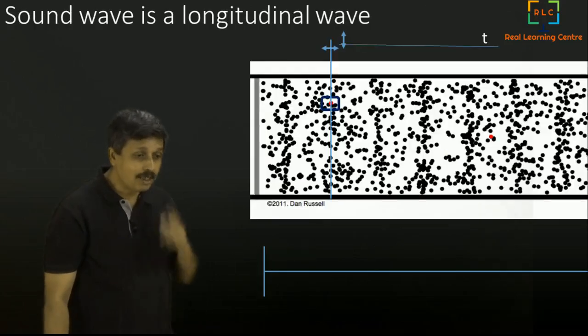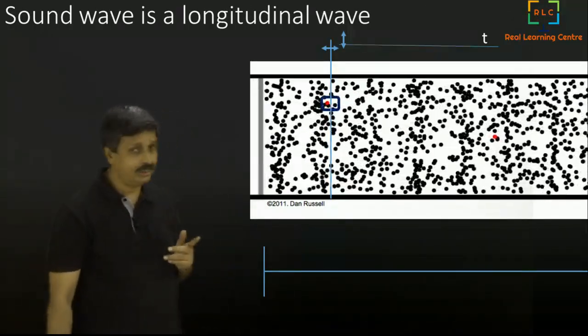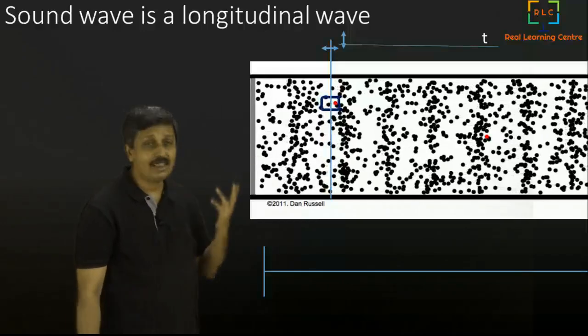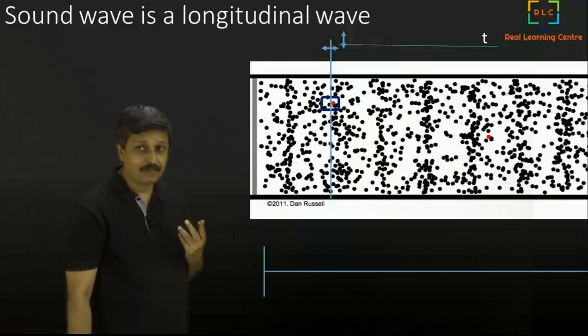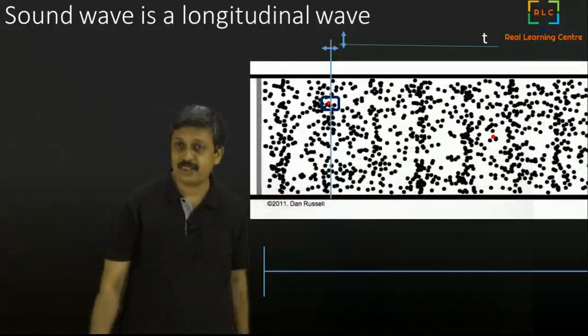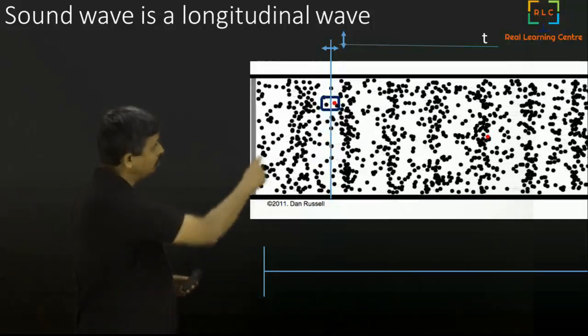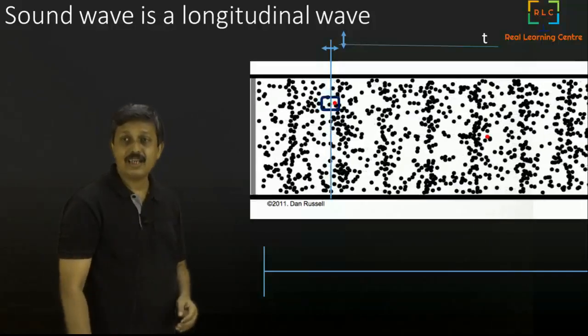So now, what about the sound wave? If you watch carefully, the sound wave is longitudinal, in the sense that the particles of the medium vibrate like this, and the propagation also happens. Please take a look at that one small rectangle that I have, and watch inside it.